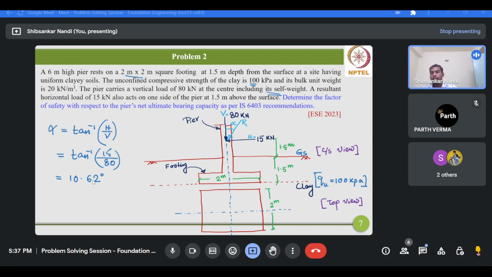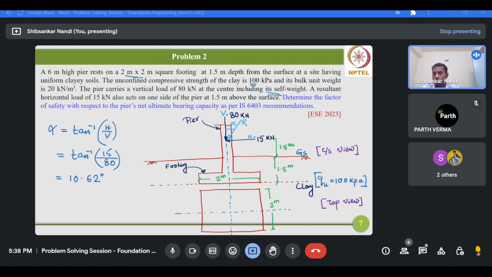Now, please see that this resultant, what is the line of action of this resultant? The line of action has an inclination of 10.62 degree from the vertical axis. Now, what is the location of this line of action from the CG or center of the cross section? Can you please identify where this line of action of this resultant cuts the base of the footing?